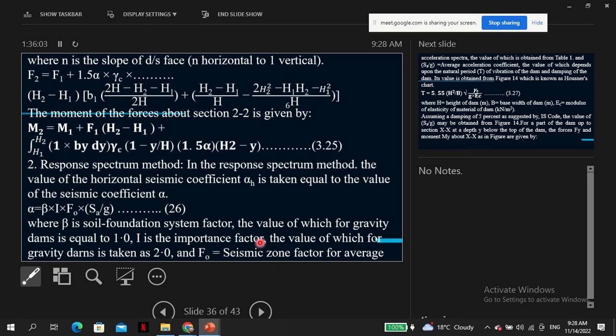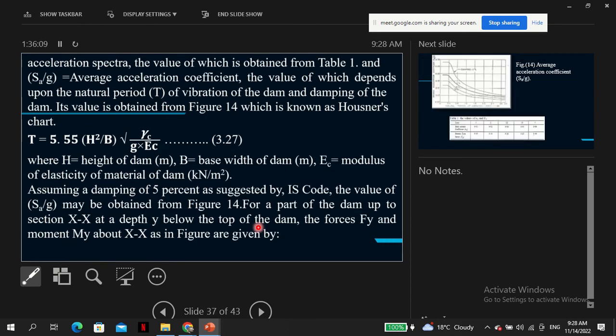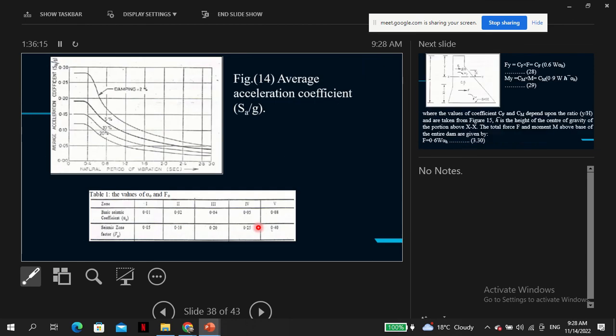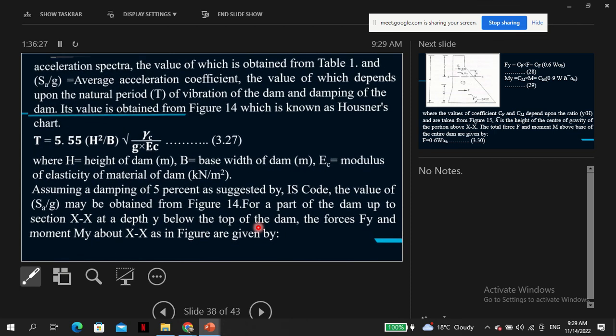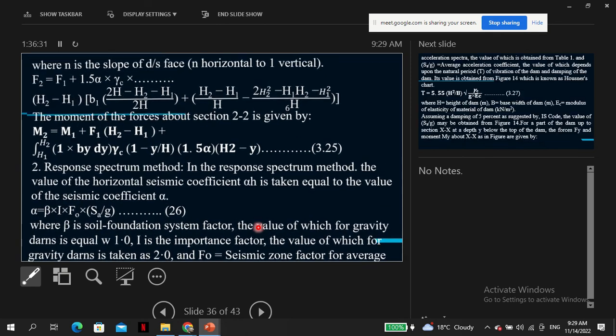And F naught is the seismic zone factor for average acceleration spectra. The value is obtained from table 1. Of course, these values are already established. You can get them from such tables, which are found easily in the code or from government institutions.